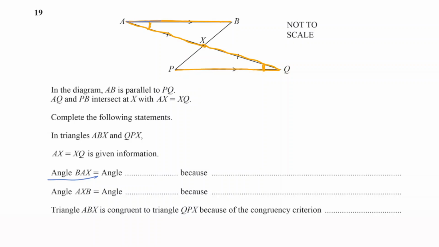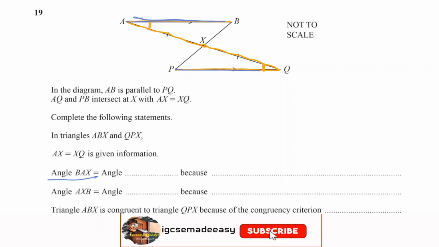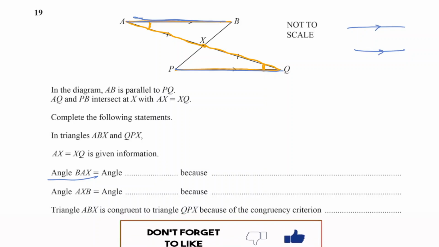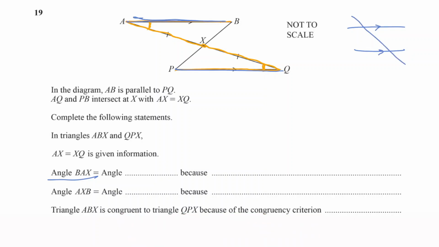When two lines are parallel, they are represented with an arrow mark, right? And here is a line that crosses, that is AXQ. So this angle will be equal to this angle, alternate angle, right? So angle BAX, that is this angle, is equal to angle PQX. The reason is alternate interior angle.